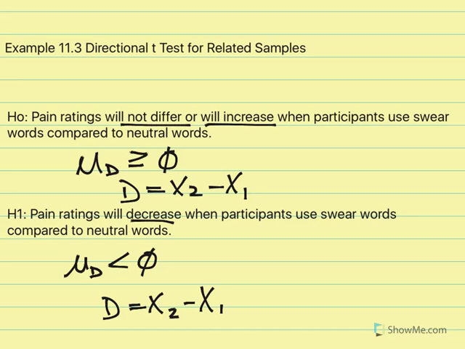So again, it would produce an average mean difference that's positive, greater than 0, or we would expect no difference between the two conditions, which is denoted by the equal sign. So that's step 1 of our 4-step process in going through the steps of a t-test, in this case a t-test for two related samples.